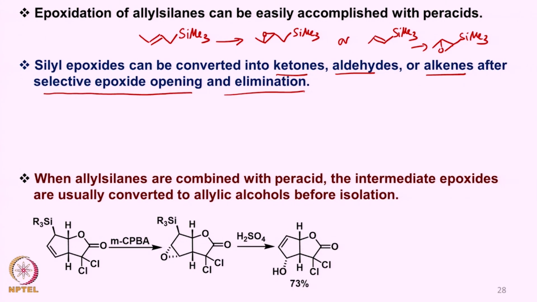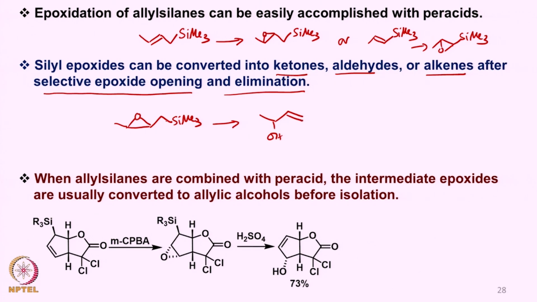Say you have an epoxide of this kind, and now this can lead to the formation of an OH here and this double bond.